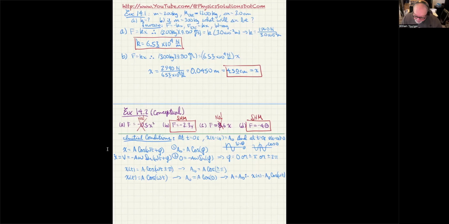In other words, phi is actually 0 for this case. And if we did that, then we could also see, because the initial condition required phi to be 0 or plus or minus pi or plus or minus 2 pi, the plus or minus pi would not work at all. Well, actually, let me see, plus or minus 2 pi, that could have worked.